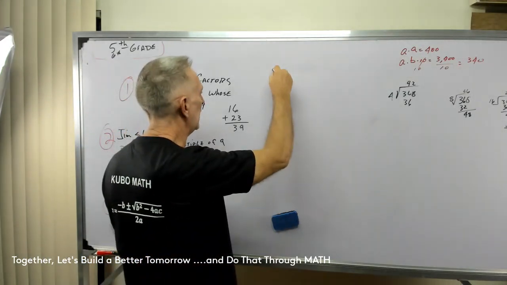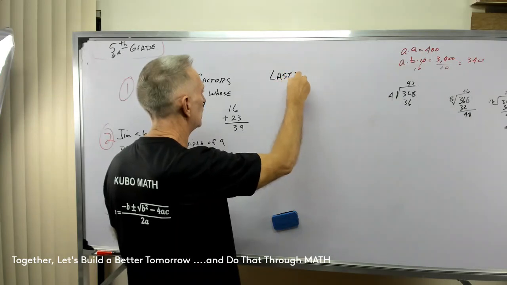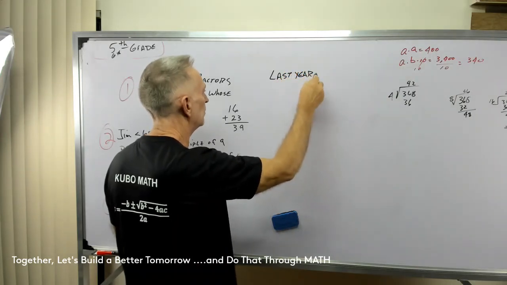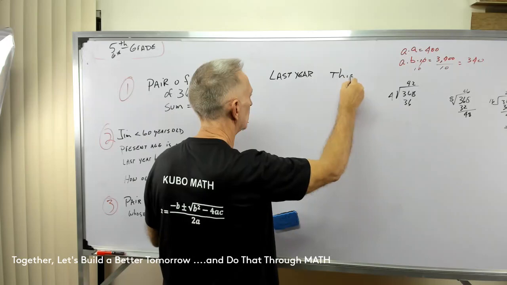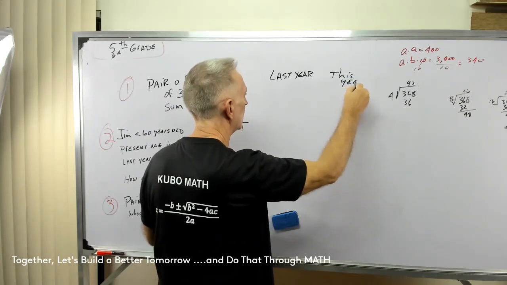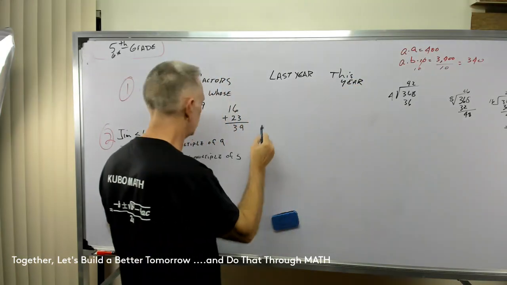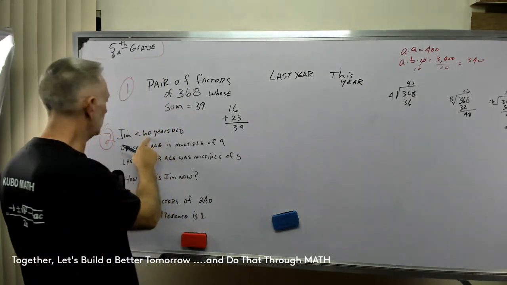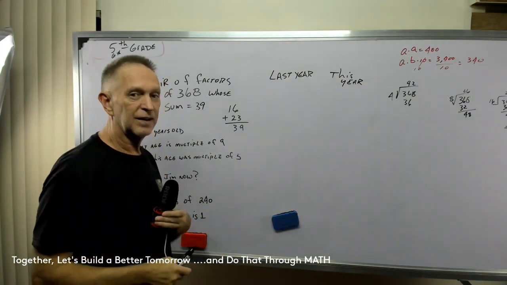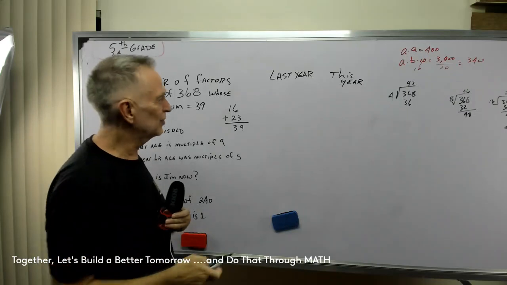So we'll put last year as one column, this year as another column. So last year, he's less than 60, so he could be 5 all the way till 60, right?